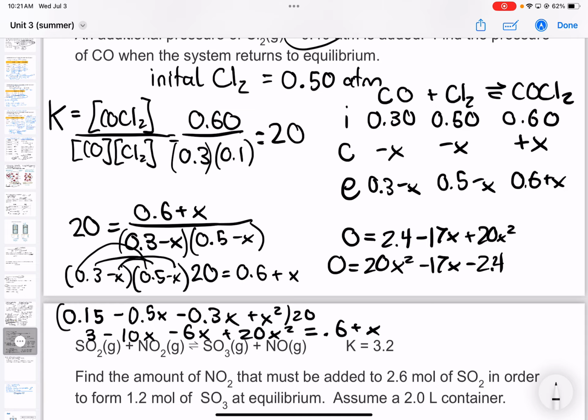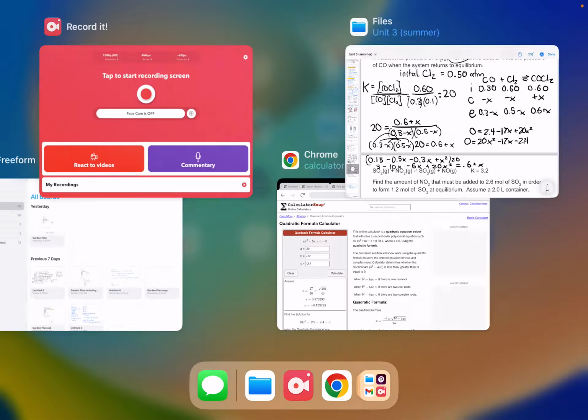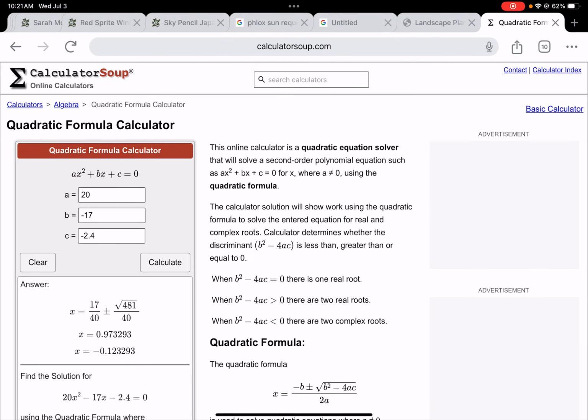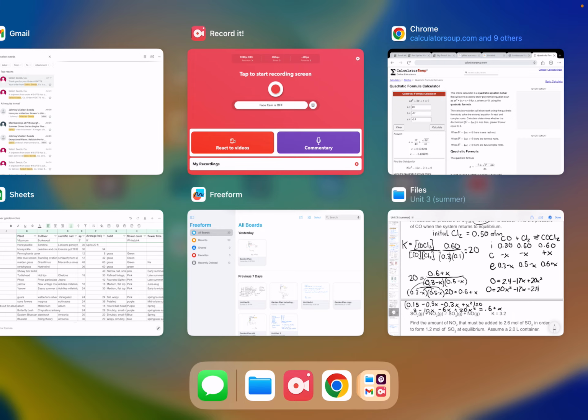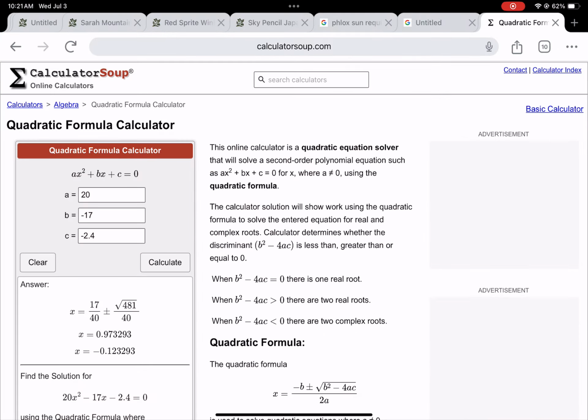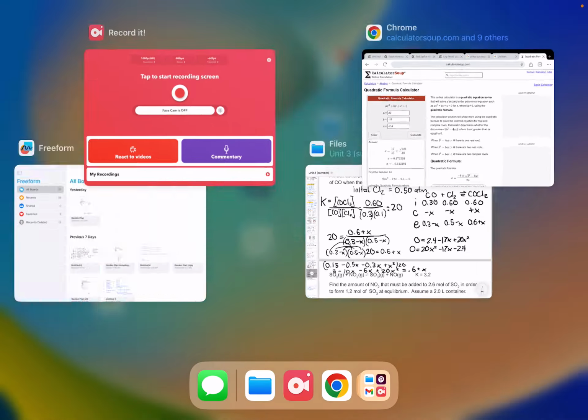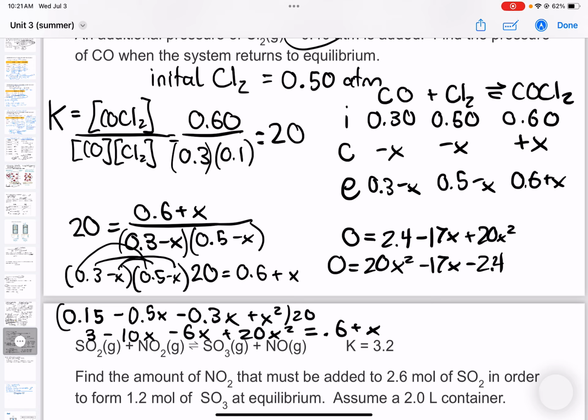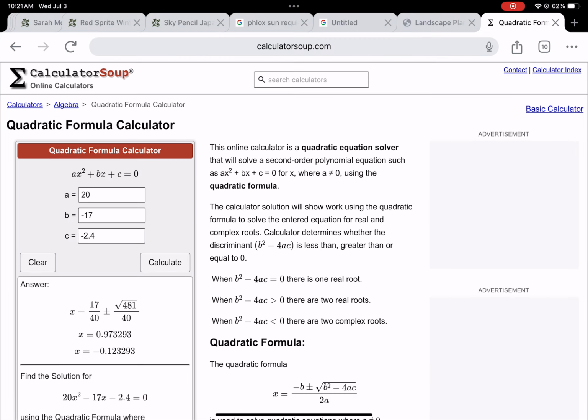That can't be right because it's coming out as 0.9. 20, 17, and 2.4. Did anyone else get to this? You got negative 17x? I got negative 15x. Oh, no, you're right, because you subtract the x on that side. But it can't be right because it's coming out to be 0.97.